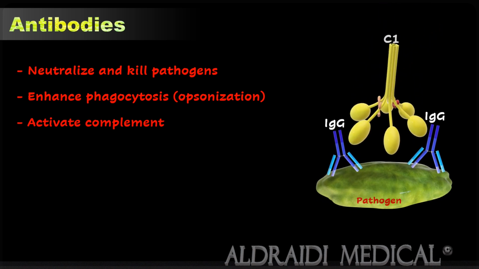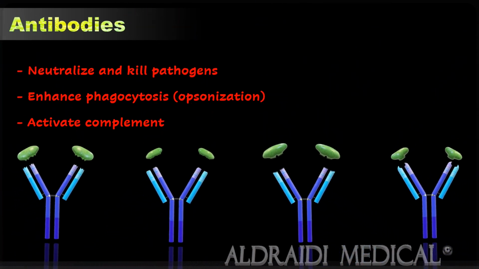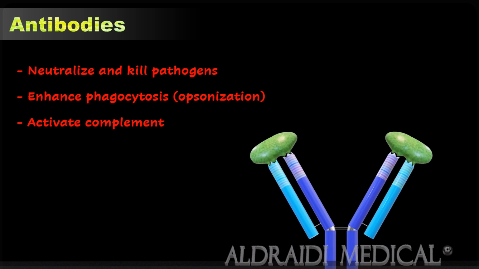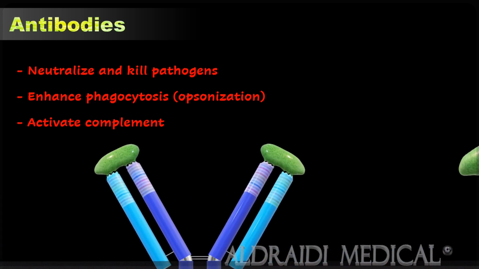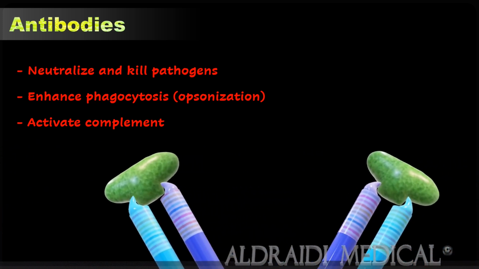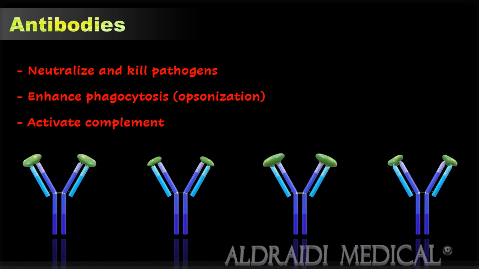But keep in mind that unlike complements, an antibody attaches to an antigen only if that antigen matches the antibody exactly, like a key in a lock. And that's why only the B cells that match the attacking pathogens are activated, so that only the exact antibodies that are needed will be produced.